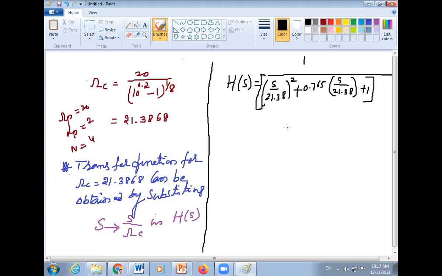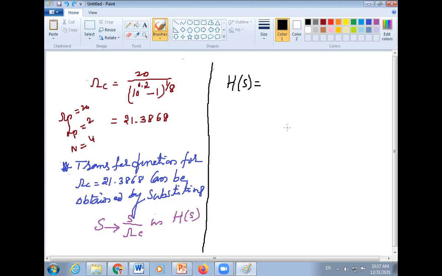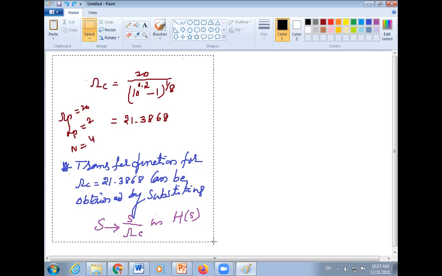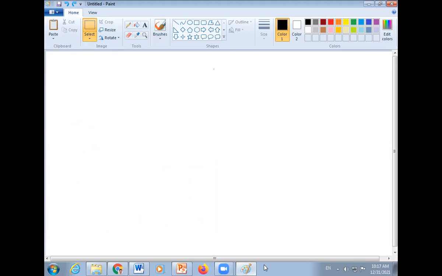So I will write it separately so that we can understand it very easily. Let me take out this part and then we'll go for the further step.